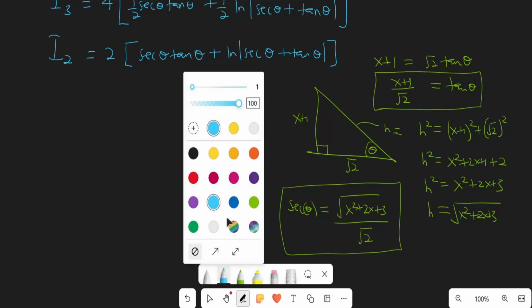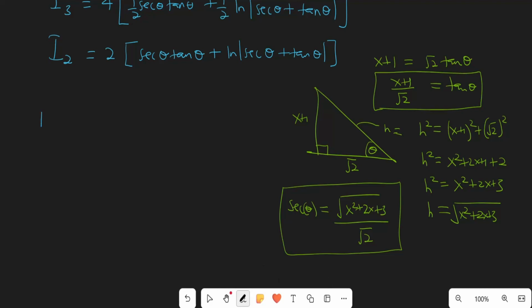So now let's do that. I2 is 2 times secant of theta tangent of theta. Secant of theta is the square root of x squared plus 2x plus 3 all over the square root of 2, times tangent of theta, x plus 1 all over square root of 2, and then plus the natural logarithm of secant of theta plus tangent of theta.